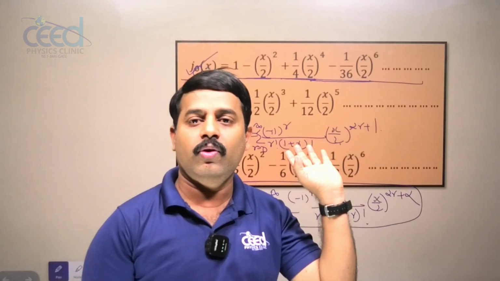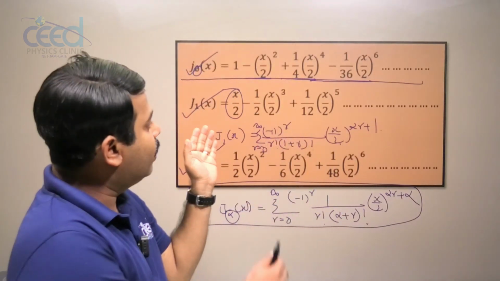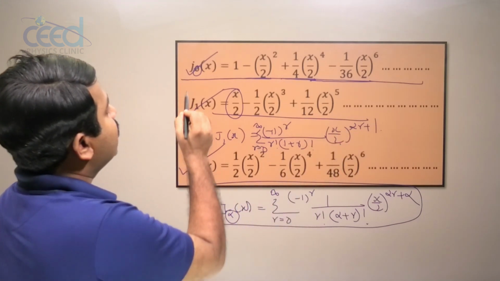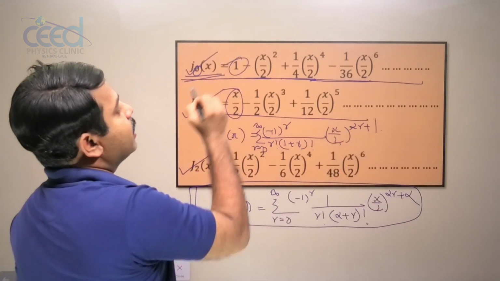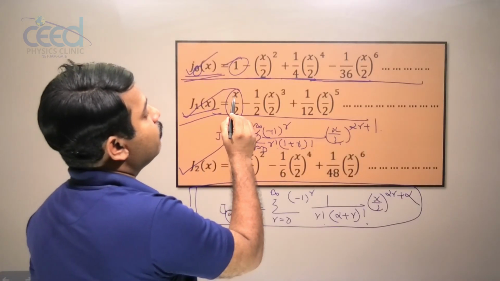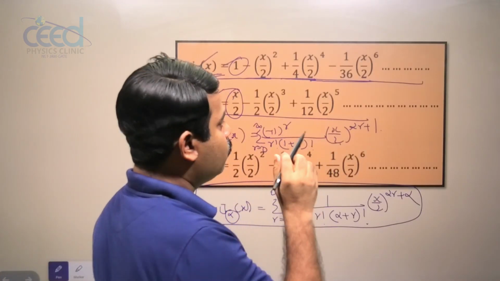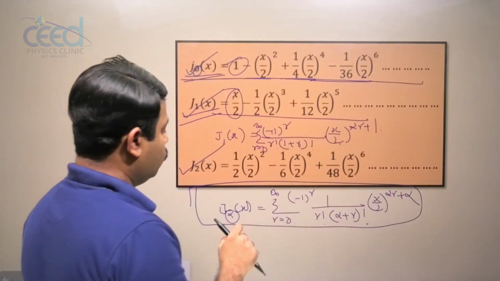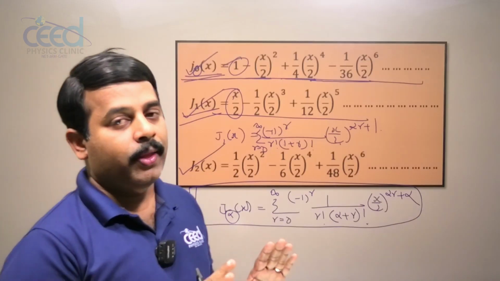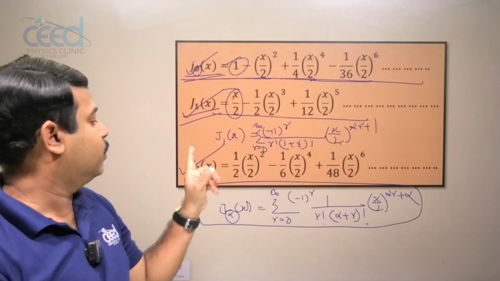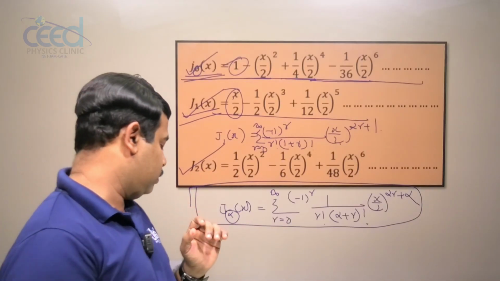If J0 of 0 is asked, the answer is 1. But J1 of 0, the answer is 0 because every term has x. So to do this kind of problem easily, you have to memorize the J0 of x, J1 of x, J2 of x values.